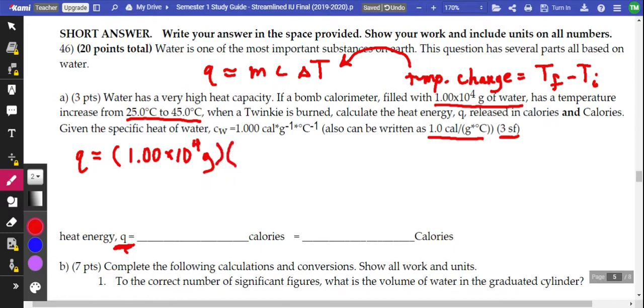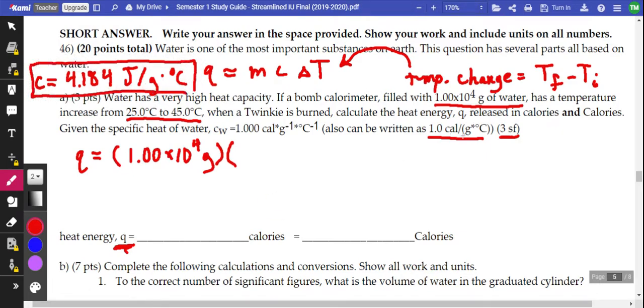Now, in our practice, we might have used the specific heat capacity in joules per gram degree Celsius, where C is 4.184 joules per gram degrees Celsius. The specific heat capacity we have here is the same.